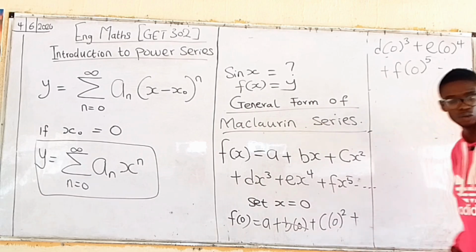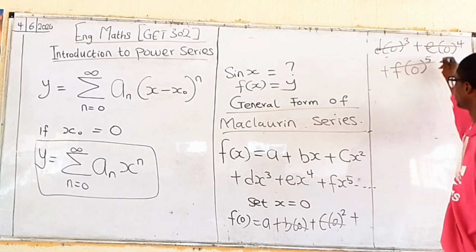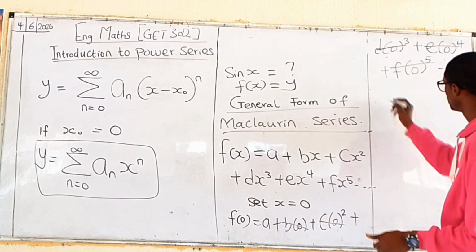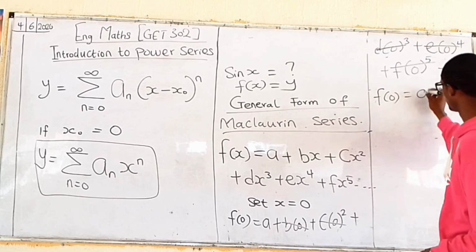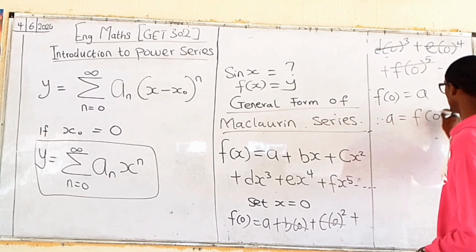You'll discover that every one of them will go out because it's 0. So what will we have finally? f of 0 is A.